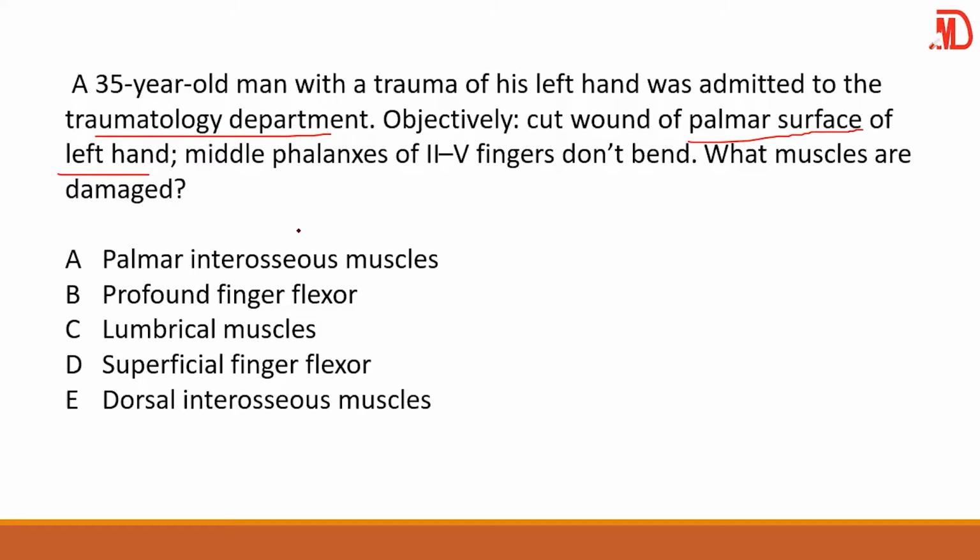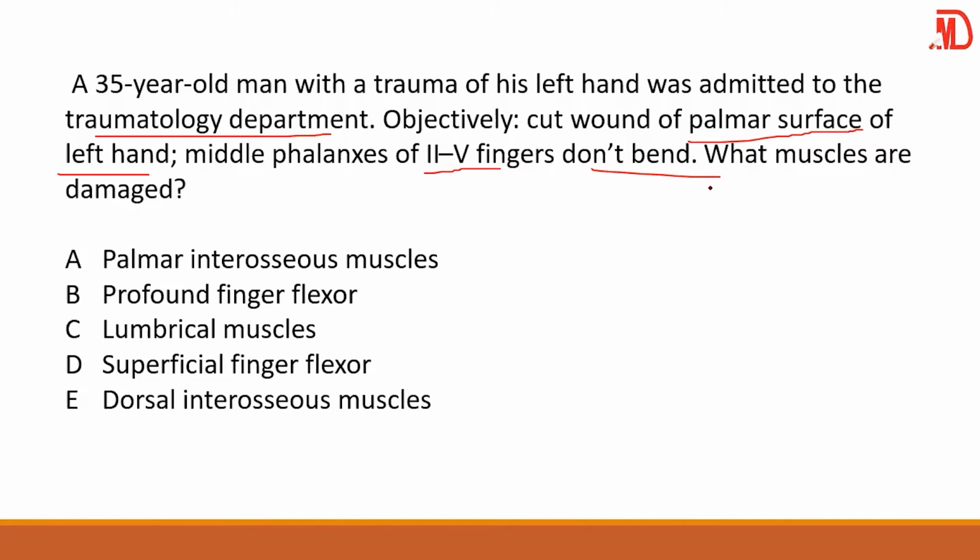Now, the middle phalanges of the second to fifth fingers cannot bend. What muscles are damaged? They cannot bend. That means flexing is difficult, isn't it? So that means you cannot close your hand. You can't close it because you can't bend.